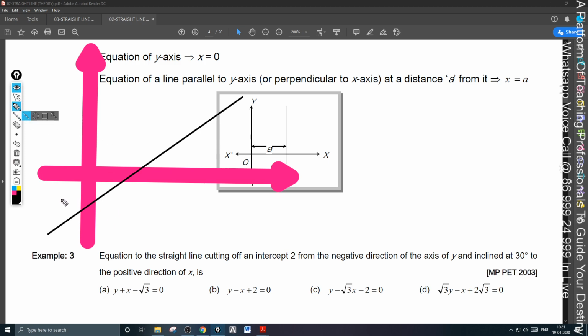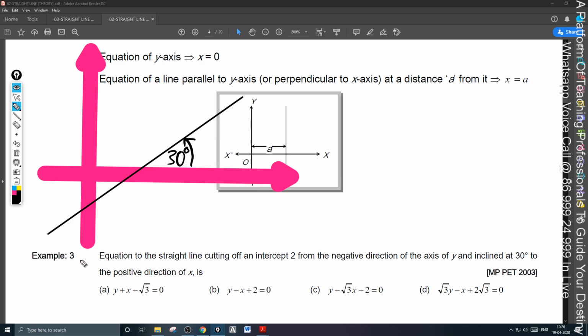Now what is y-intercept here? It is 2. What is the angle given here? This is 30 degrees. And the intercept is given to be -2 because negative direction of y-axis.